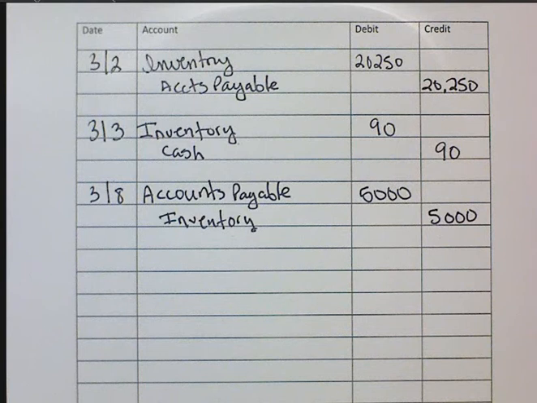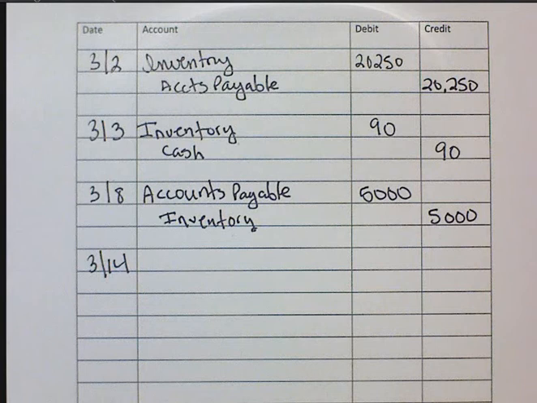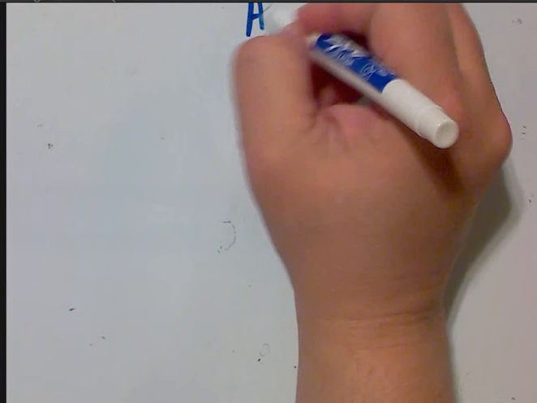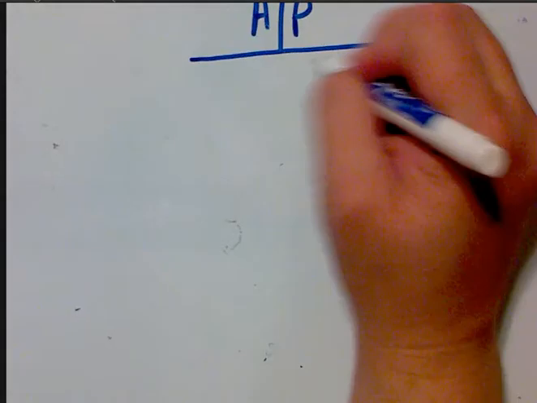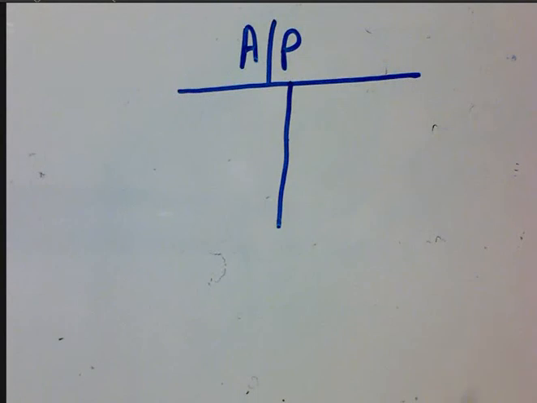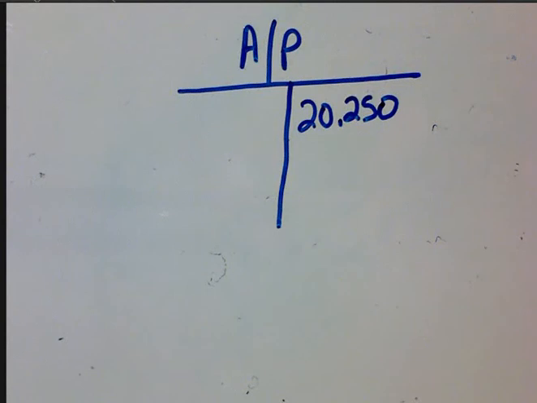And finally, the last thing happens on March 14th. It says Dady pays the amount due less the return and discount. So we have to calculate how much cash is due to the vendor at this point. Okay? So we can examine our accounts payable T account to do this. We initially purchased $20,250, so that would have been a credit to accounts payable.